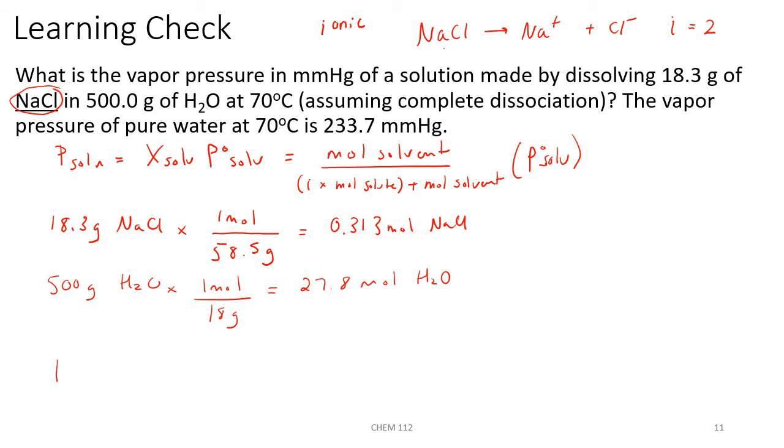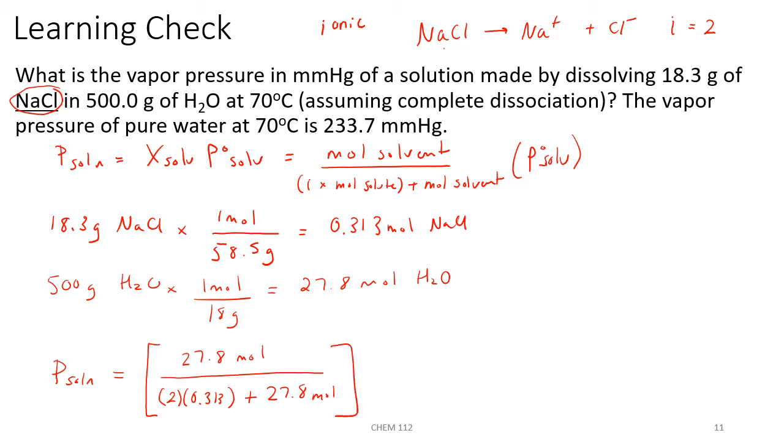And now we're going to plug everything into our modified Raoult's law. The vapor pressure of the solution is equal to our mole fraction. Our moles of water are going to go in the numerator because that's our moles of solvent, so 27.8 moles on the top, over our i factor for our solute, 2, times our moles of solute, 0.313, plus our moles of solvent, because it's total number of moles in the denominator, so 27.8 moles, times the vapor pressure of our pure solvent.